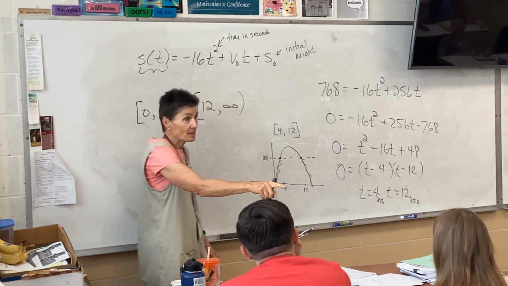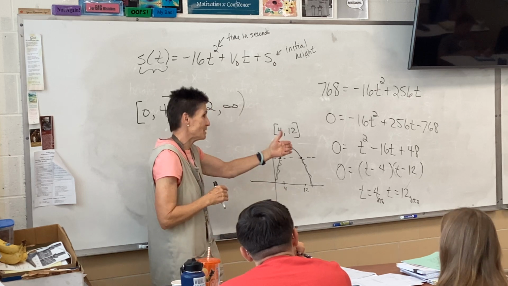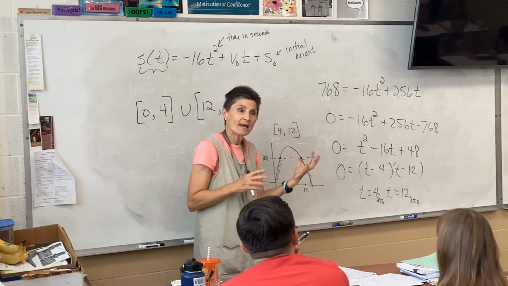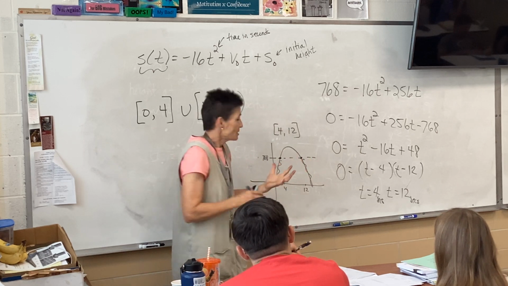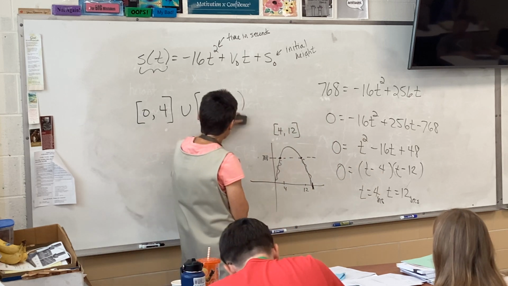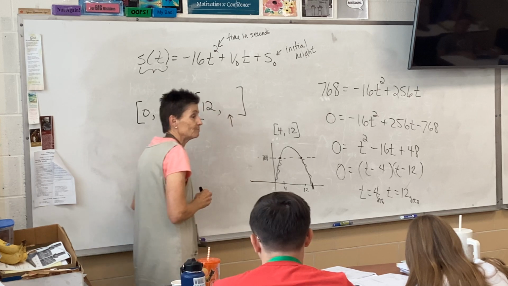You have to find where it hits, because time doesn't go into infinity. I mean, it does, but not in this problem. Doesn't the problem end when the ball hits the ground? So we got to figure out where the ball hits the ground, and that's what's going to go here. This is when it's on the ground again.